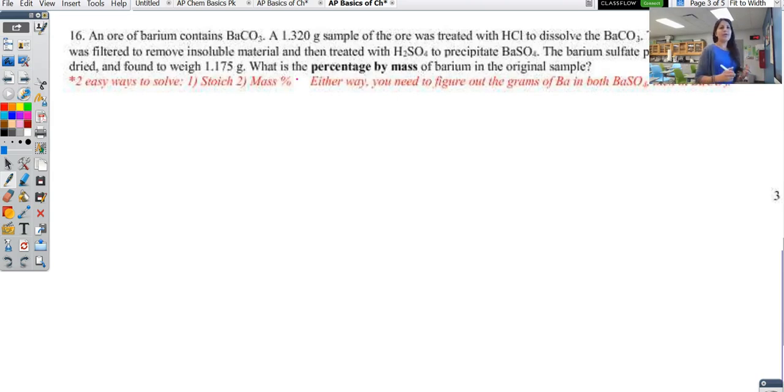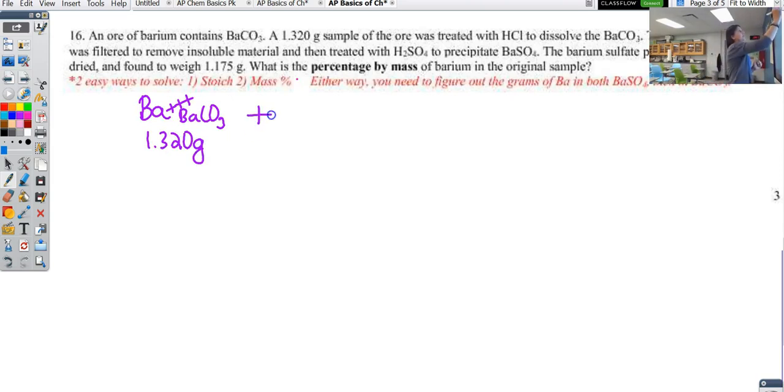I'm going to write down that we have this ore, and it's some barium mixed with some other things, and it's got some barium carbonate in it, for example. They tell us we've got 1.320 grams of this sample, and then they say that we treat it with hydrochloric acid. So I'm going to say plus hydrochloric acid.